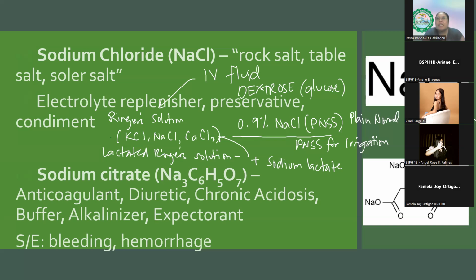Okay? Especially ginagamit ito ng mga medtech, 'di ba? Nagko-collect sila ng dugo. Tapos meron kasi silang mga procedures na hindi dapat mag-clot ang dugo. Wala na kasi silang makikita pag nag-clot na. So pwede nilang lagyan ng sodium citrate para hindi mag-clot and then they can proceed with the procedure. Kung ano man yung gagawin nila for the diagnosis.